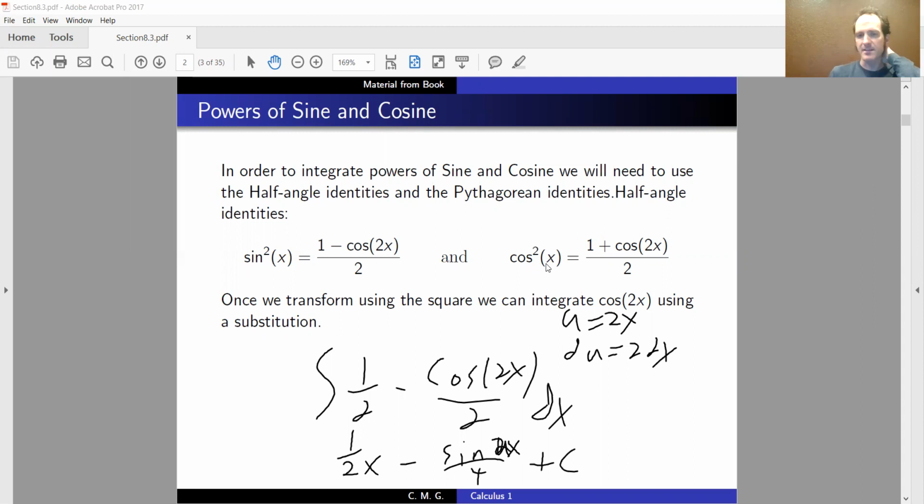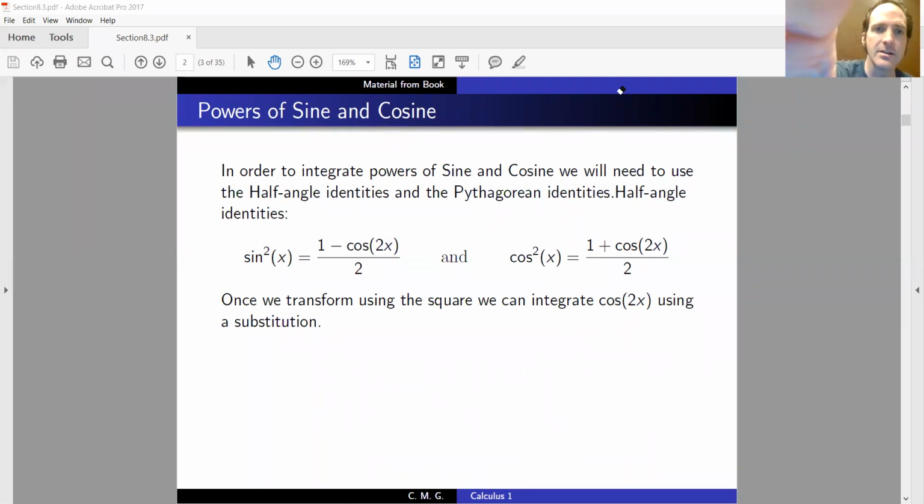To integrate this with the cosine of 2x, I basically think of it as a chain rule. I integrate the cosine back to sine, and it gives me sine of 2x over, in this case, 4 when I've got the denominator. It might be necessary to do this more than once. You square this thing out, and it gets bigger and bigger.